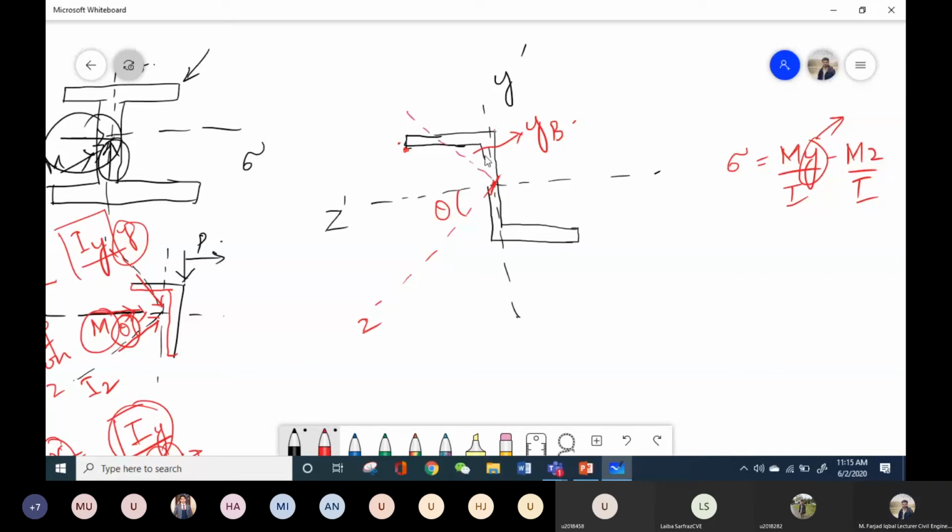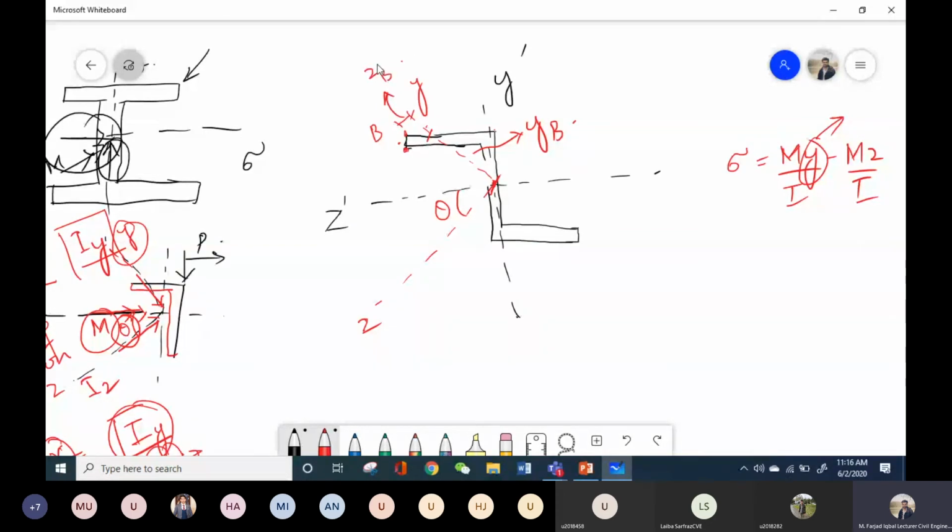This is point B. So the y distance will be this perpendicular distance from the centroid to the B point. Let's say I will call it as YB. And similarly, what will be the Z distance? Z distance is also the perpendicular distance from this Y axis towards point B. Let's suppose this distance will be ZB.